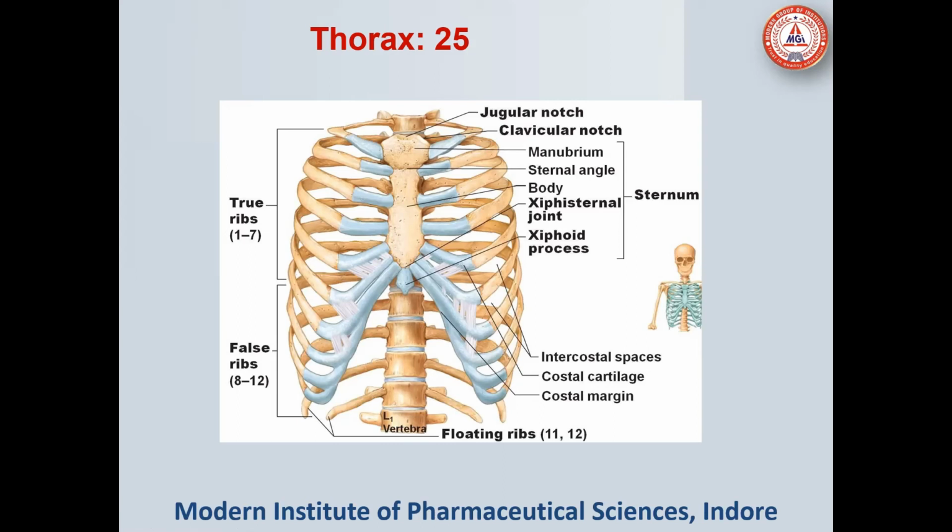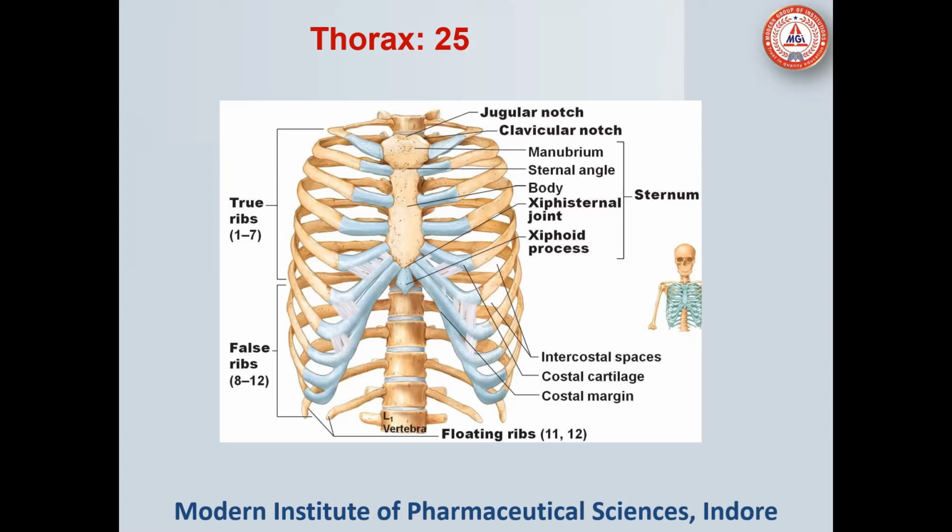Now about the ribs. There are 12 pairs of ribs forming the lateral wall of the thoracic cage. They are elongated, curved bones that articulate posteriorly with the vertebral column.